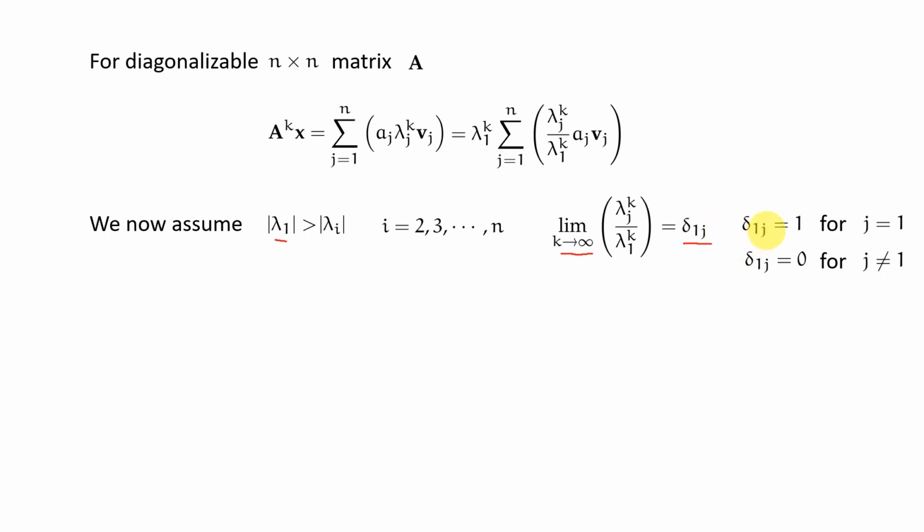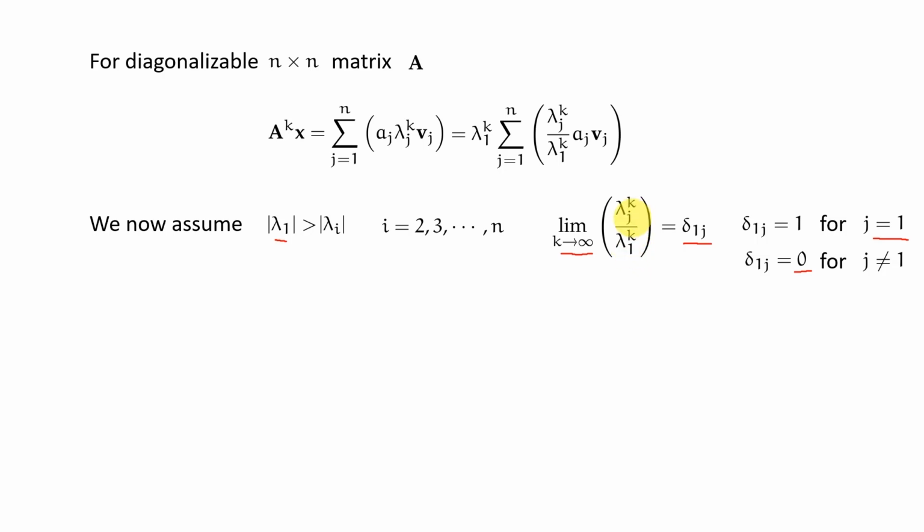It simply means that delta 1j equals 1 for j equals 1. Otherwise, delta 1j is 0. We can see clearly why that is. If j equals 1, then of course lambda 1 to the power k divided by lambda 1 to the power k is 1 no matter what is the value of k.